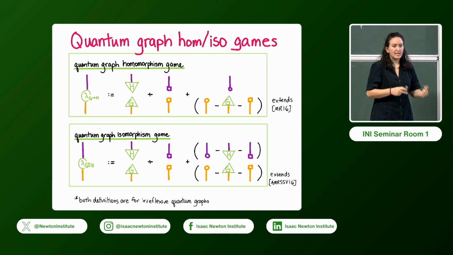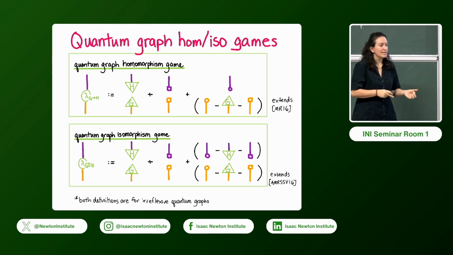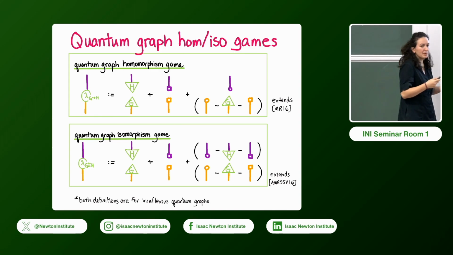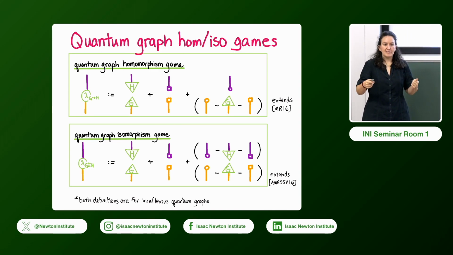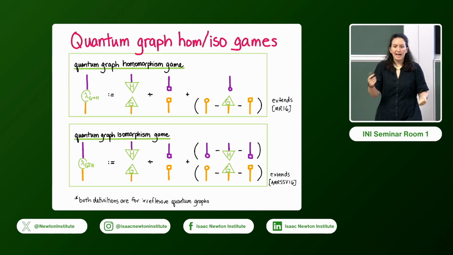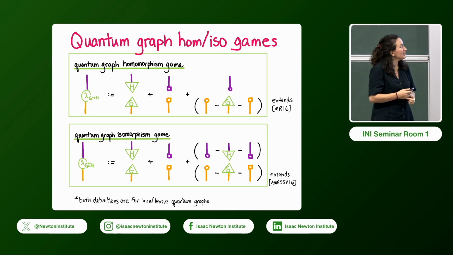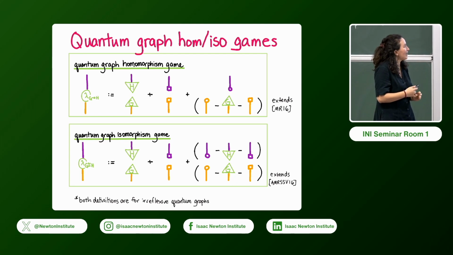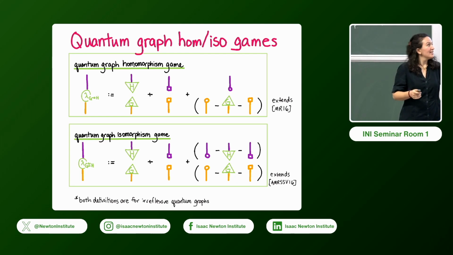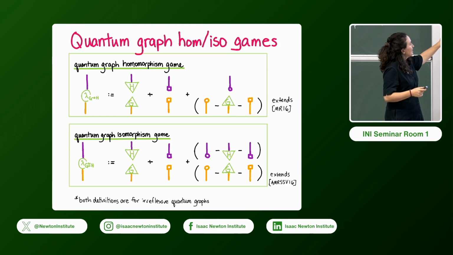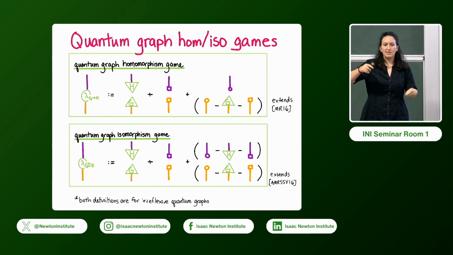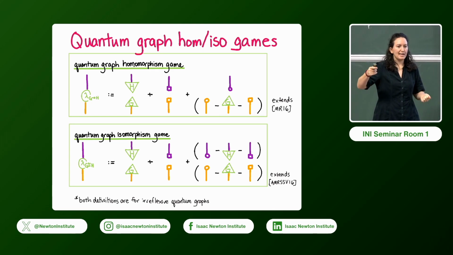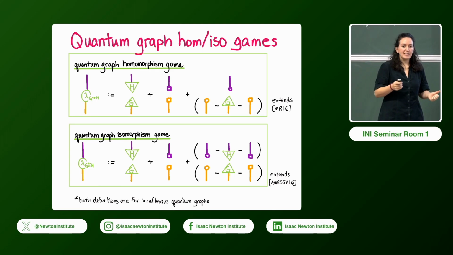quantum homomorphism games for quantum graphs extend the typical homomorphism games and isomorphism games of graphs that are introduced. I haven't looked yet at whether these definitions are in agreement with some of the other classical-to-quantum and quantum-to-classical results that are out there.